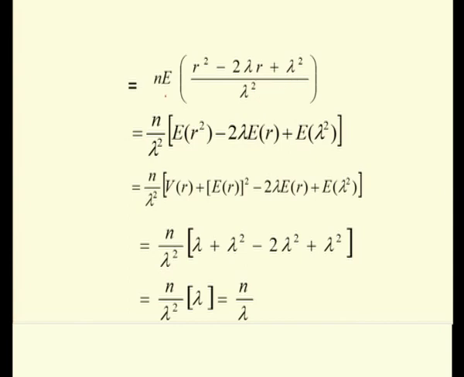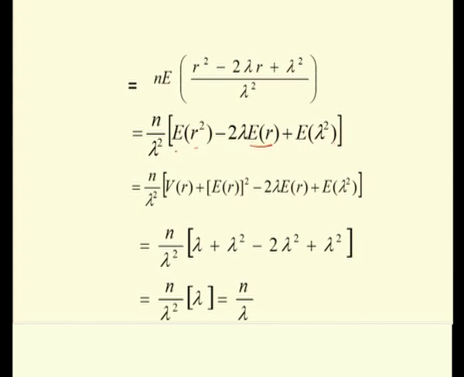Now, take expectation inside, because expectation of the sum is the sum of the expectations. So, expectation of R squared minus 2, since lambda is a constant, expectation goes for R, plus expectation of lambda squared.